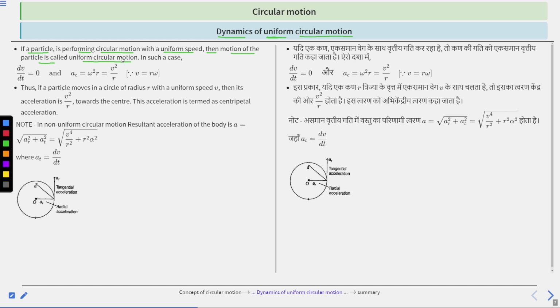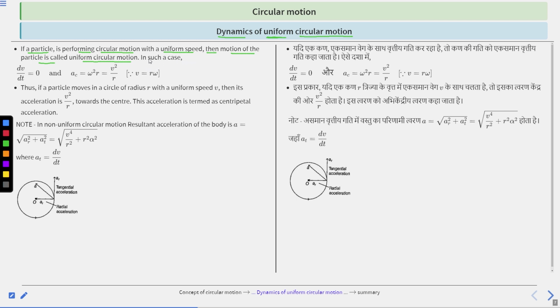Clear? Means when a particle performs uniform circular motion, the speed is constant. But in the case of non-uniform circular motion, the speed of that particle is variable.